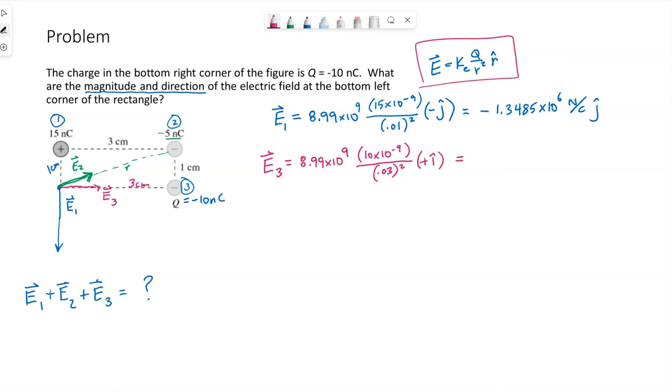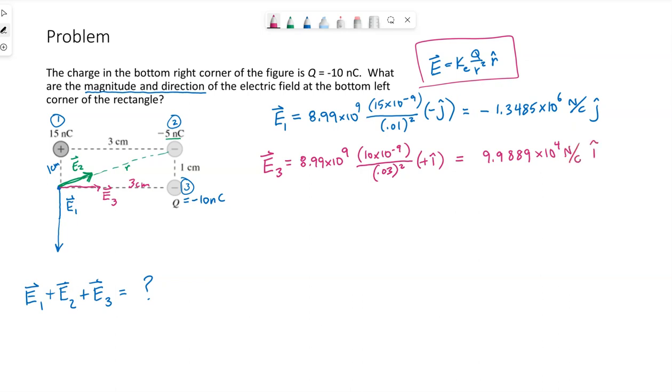This is another situation where you want to be very careful to make sure your overall vector you come up with is making sense in the coordinate system. So this one I'm getting 9.9888 and so on, times 10 to the 4th newtons per coulomb.